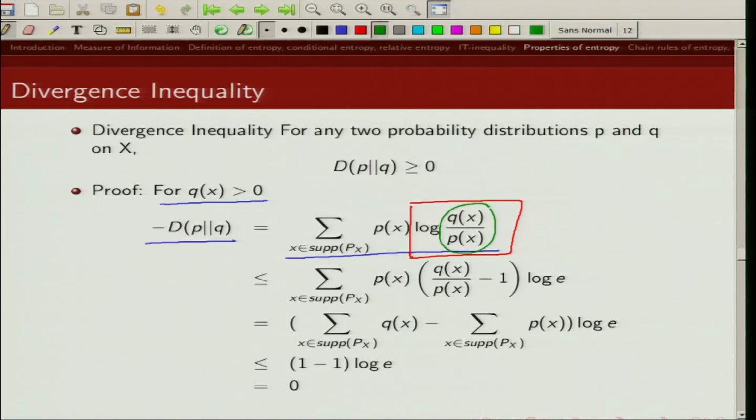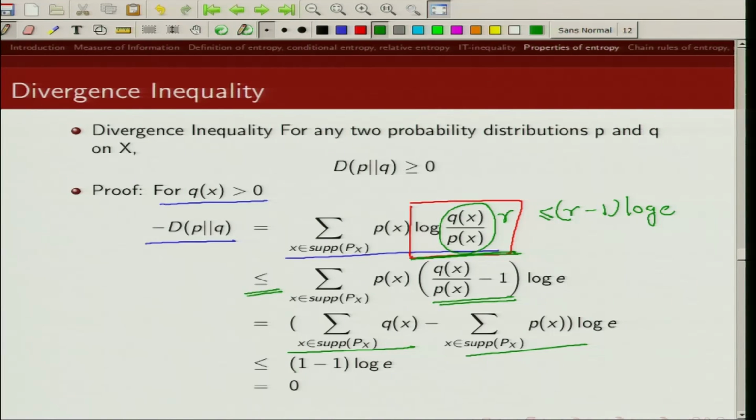Think of this as my R. So I have log of R. Now log of R is less than or equal to R minus 1 times log of E. So then this particular term is less than or equal to R minus 1 times log of E. Now simplifying, I get P of x multiplied by Q of x by P of x, so I will get this term summation over Q of x, and here I will get summation over P of x.